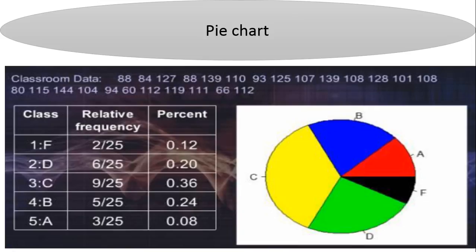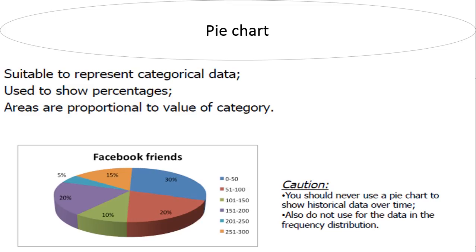That's the pie chart. The pie chart is suitable to represent categorical data and to show percentages, where areas are proportional to the value of each category, as I told you earlier.